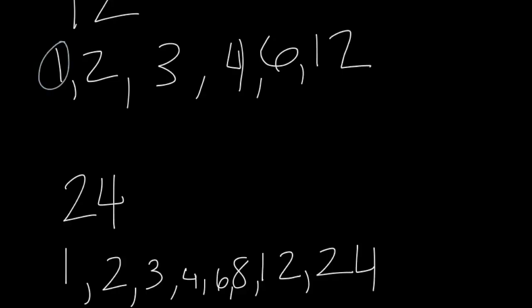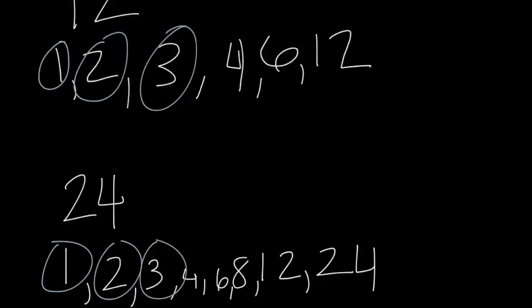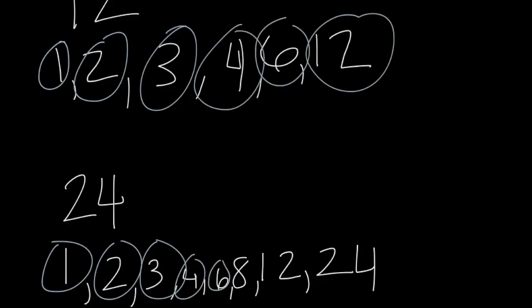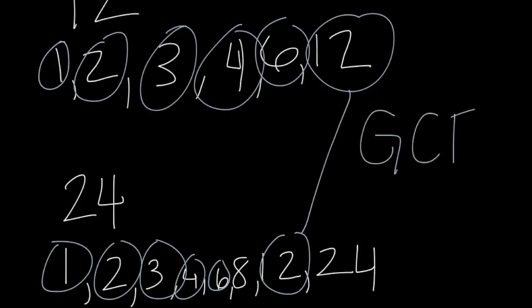So there's a 1, 2, 3, 4, 6, and 12 in each of my factor lists. Now that we want to find the greatest common factor, we want to look at which factor is the biggest out of all of those common factors, which happens to be our 12. So our GCF for 12 and 24 is 12.